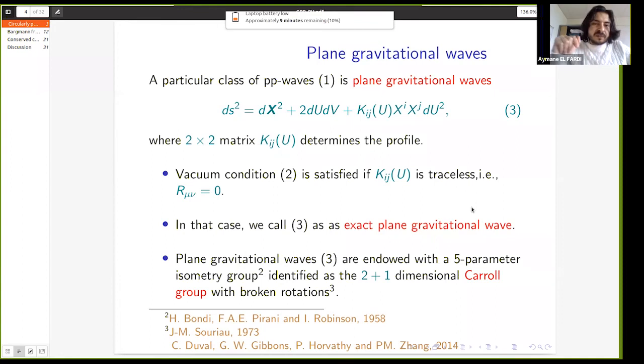My question is about the lift that you are making, because you have said that by the lift you reduce 2 dimensions. Actually, by the choice of K_ij, you gain 2 symmetries. I'm just wondering if there is a link between these two.